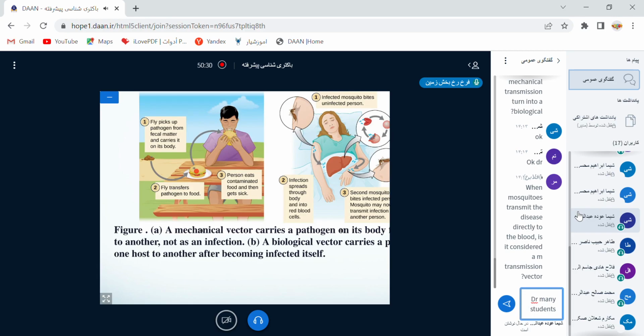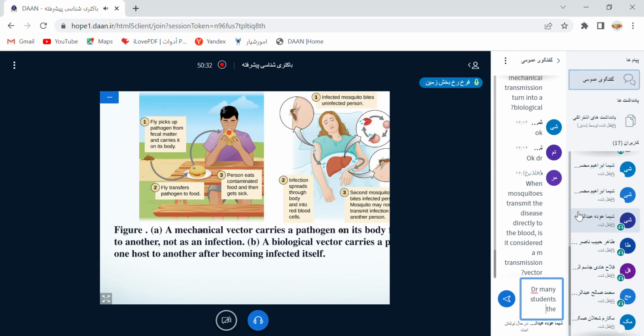It is transferring of pathogen to food or vegetables, and then by eating, pathogens go to the alimentary canal of the person, not to the blood. Here there is no contact of insect to human. There is no transmission from insect to the body of the human. It is transmission from insect to food, and then food is the causative agent for starting infection.